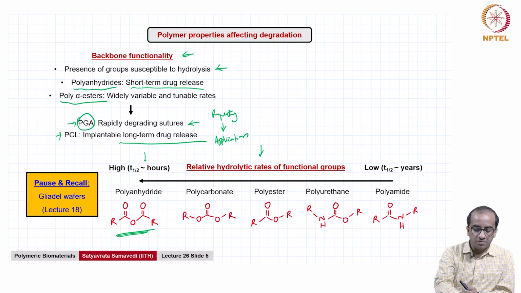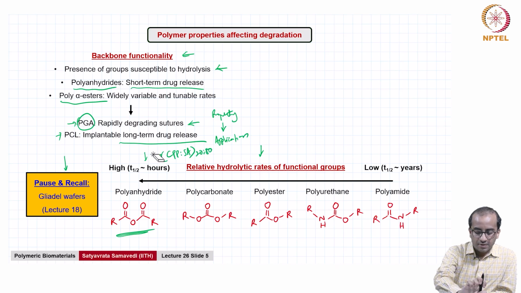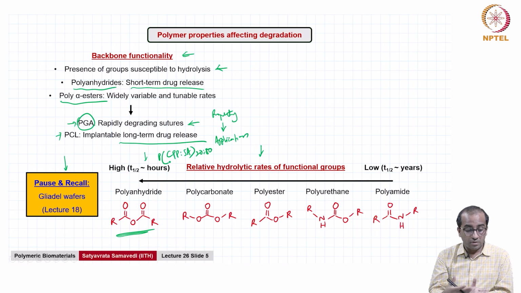You see, the T half is of the order of a few hours, but again depends on the polyanhydride. But typically for the applications we are talking about, such as the Gliadel wafers, where you are going to use poly CPP, sebacic acid 20:80, it is going to degrade over the course of a few days to a couple of weeks, right.